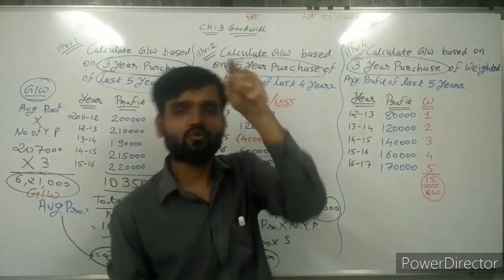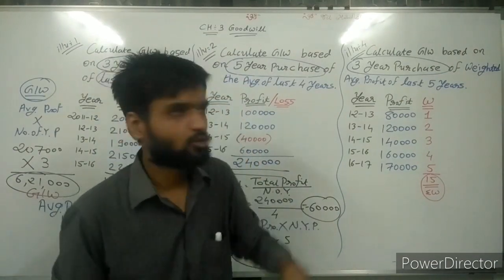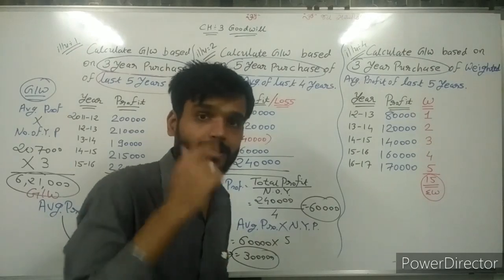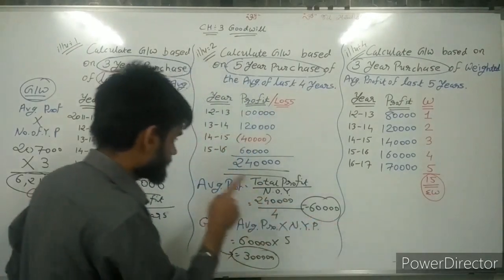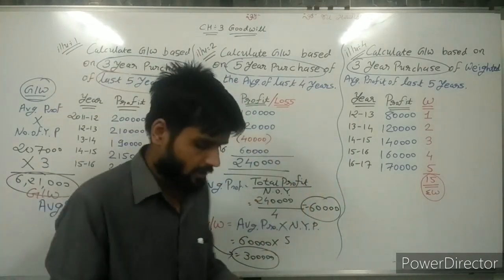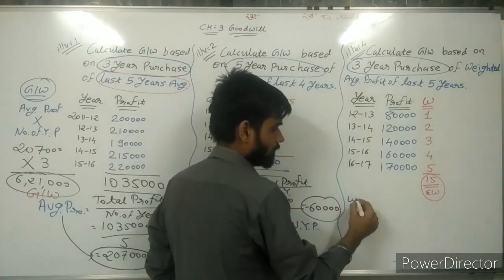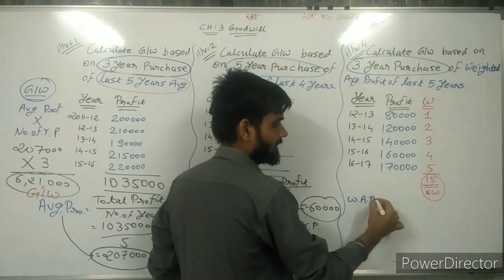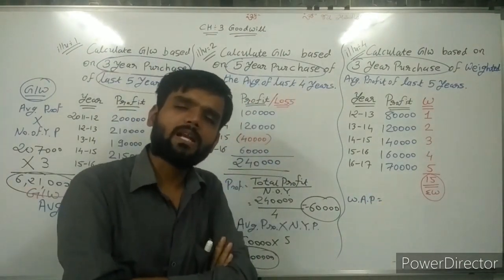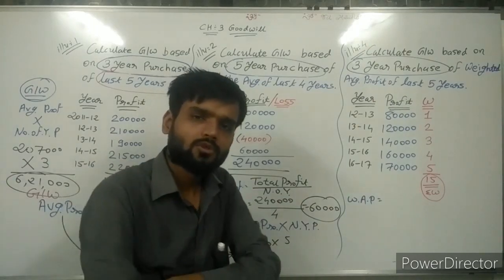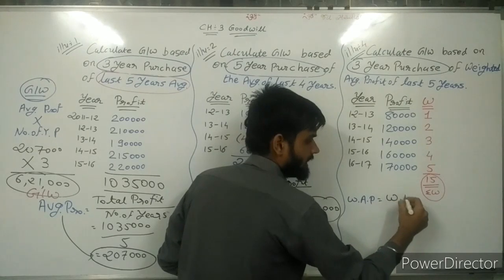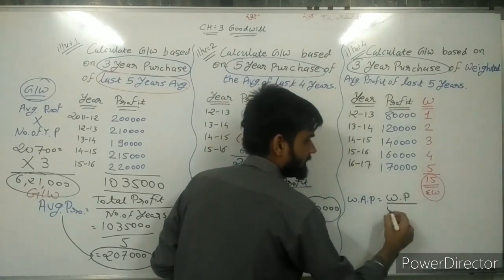First of all, we need to give weight to particular years. Now, in the simple average method simple average profit is there; here weighted average profit is there, so we need to find weighted average profit. How can we find it?